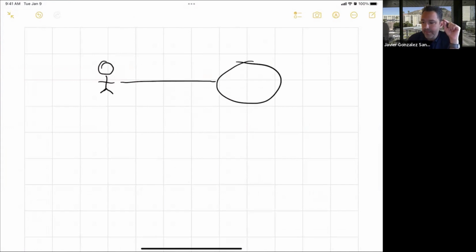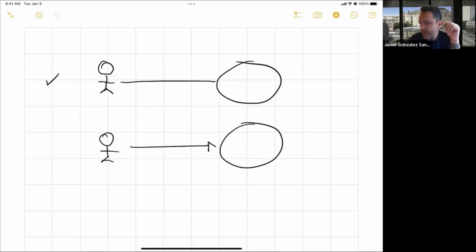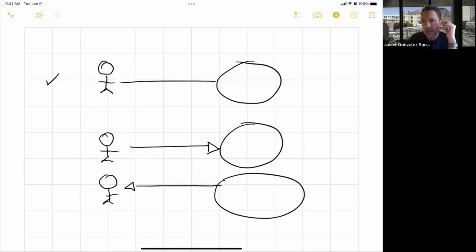Do you think that we can apply, for instance, something like this, inheritance? What do you think about using a line with the arrowhead, the triangle that represents inheritance? Do you think that makes sense to do inheritance? The actor is the child and the requirement is the parent, or the opposite? No. Makes sense?